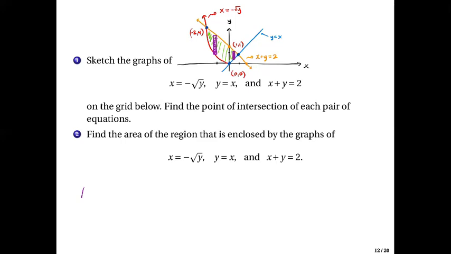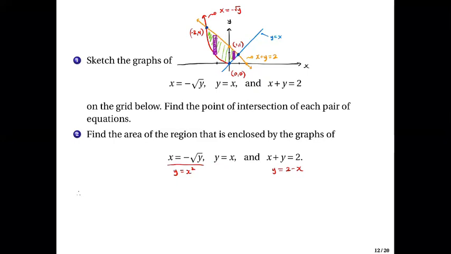So again, for this part here, we write this as y equals x squared. Here we have y equals x, so it's totally fine. For this guy, we isolate y. We will rewrite this as y equals 2 minus x.